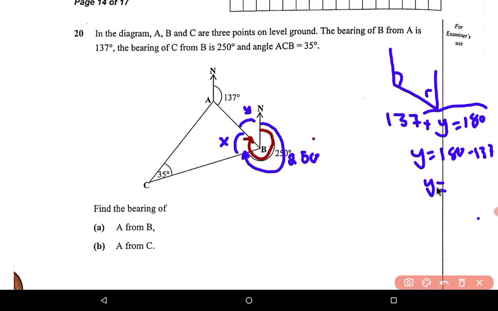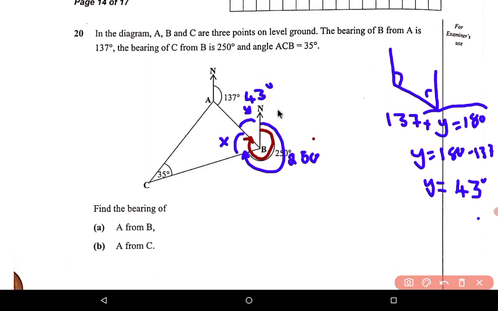No calculators here. 180 minus 137, you get 43. So now here it's 43 degrees.